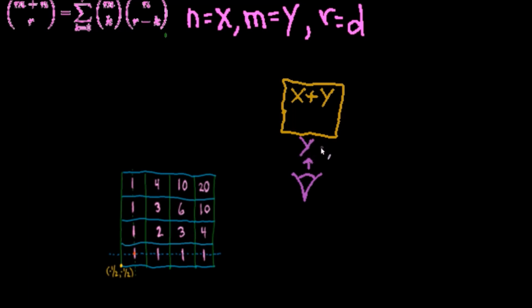If we look up, we're going to choose the y, and if we look to the right, we're going to choose the x for the lower argument of our binomial coefficient, and it's the same value. In thinking of it this way, it's not the symmetry.